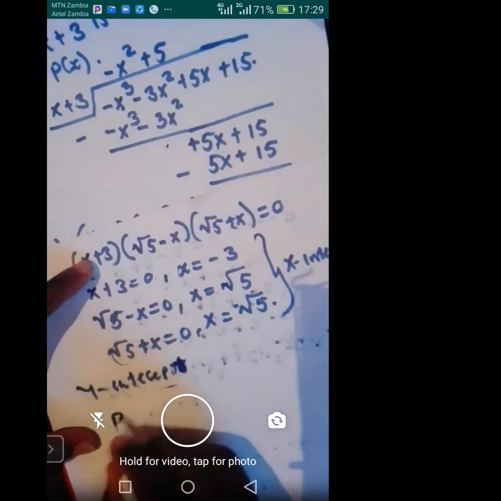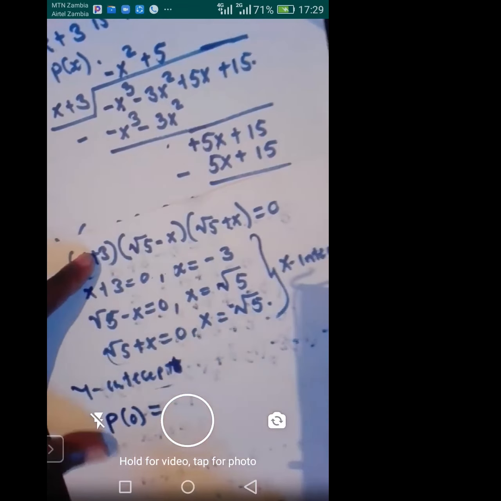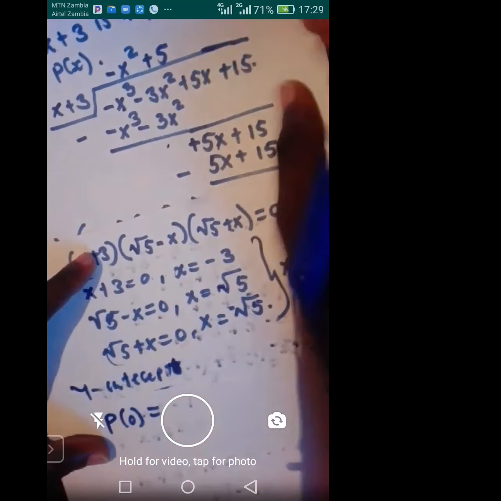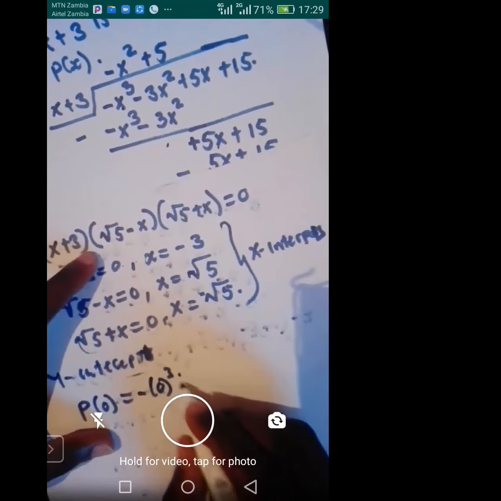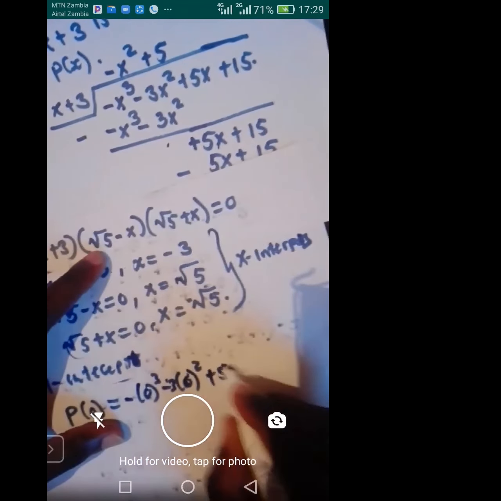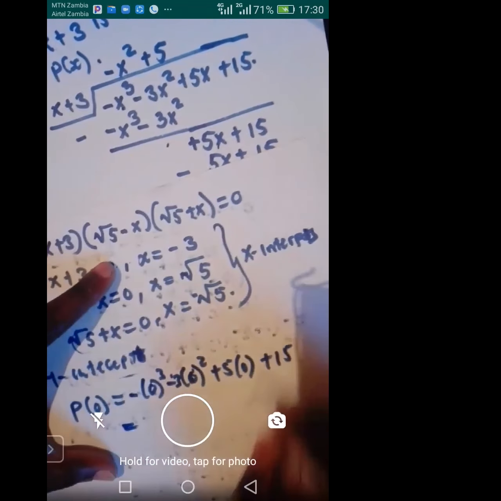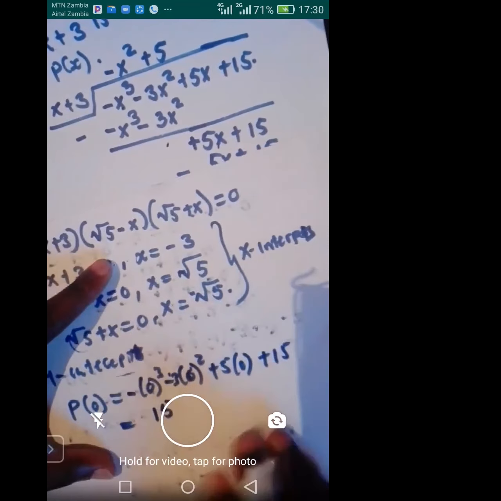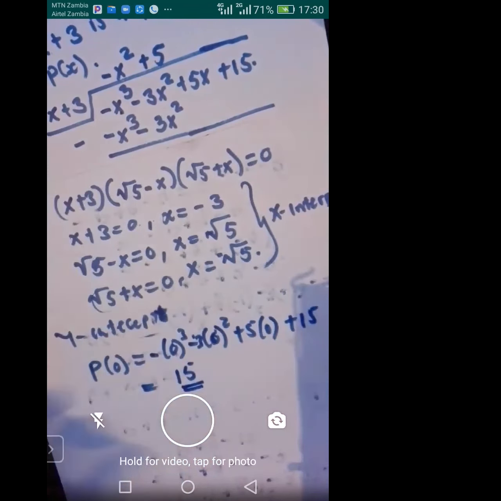So you simply find p of 0, which will give you 0 to the power 3 minus 3 squared 5 plus 15. So this is going to give you 15. Okay, so that is enough information now for you to sketch the graph of this polynomial function.